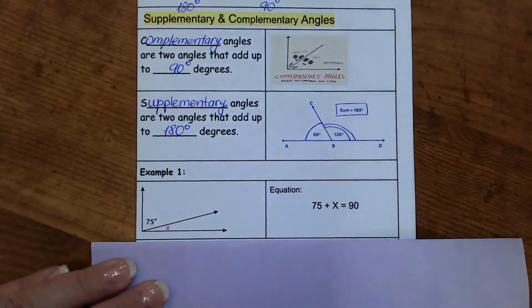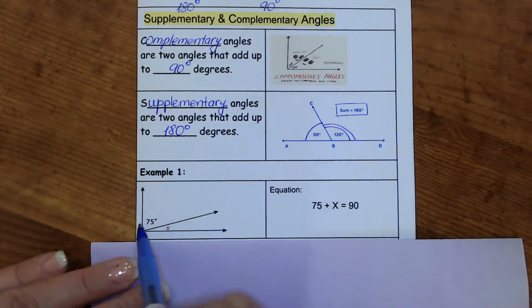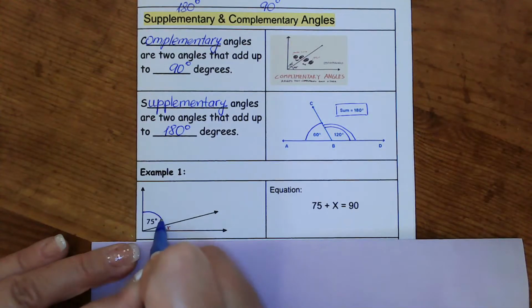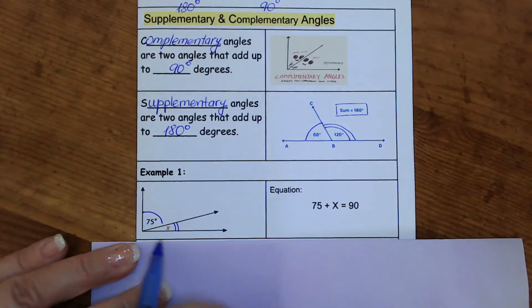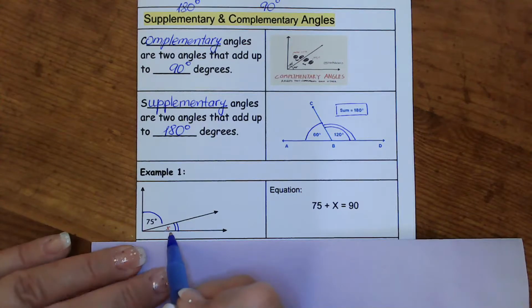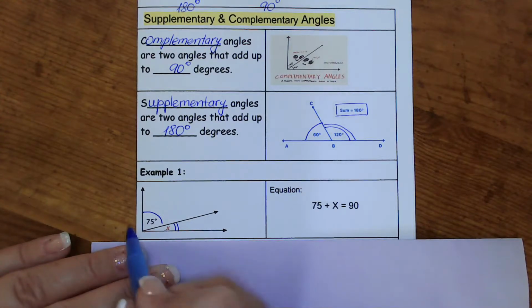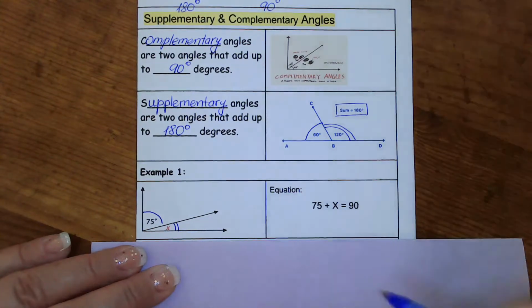Starting simple, I have a 90-degree intersection. In this intersection, we have two angles. One angle is 75 degrees. The question is, what is the measure of x? The two angles are called complementary. They have to add up to 90 degrees. So to write an equation, we say 75 plus x equals 90 degrees.